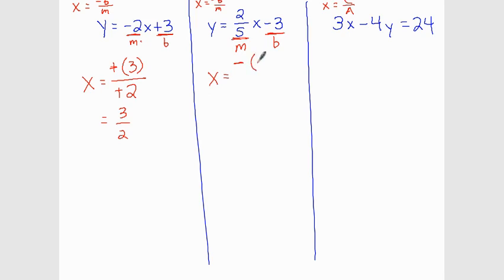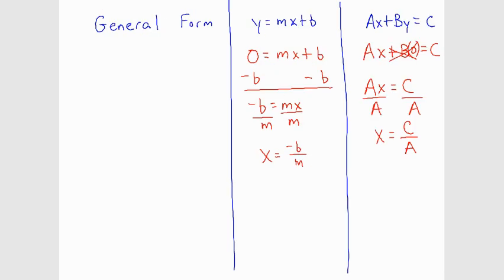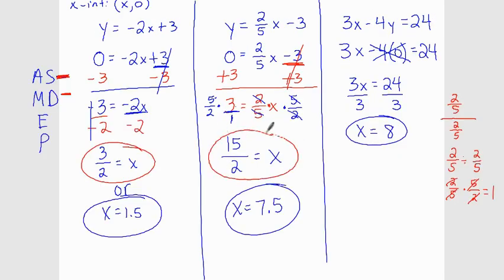And then a negative 3 all over 2/5. Okay. Now, a little bit more simplifying to do. We have a negative of a negative. That's just a positive 3. But then we also have to simplify this complex fraction, which means we need to multiply the top and the bottom by 5. So this can cancel. And we effectively get 3 times 5, which is 15. And we're left with the 2 in the denominator. And look at that. We got our solution right there.